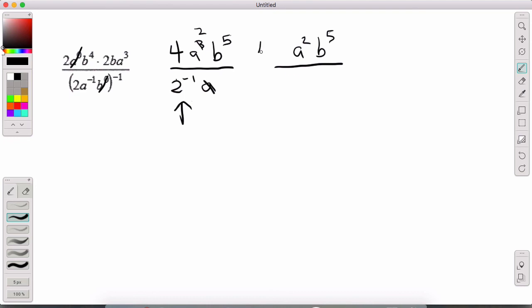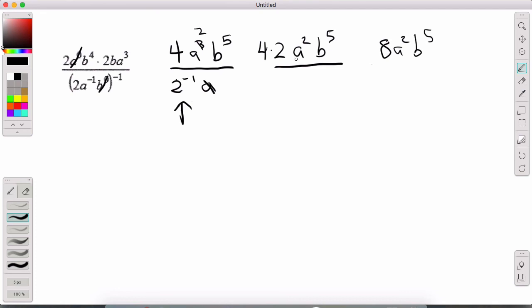So we're going to have 4 times 2. So when this ends up simplifying, we have 8, a to the 2nd, b to the 5th, and there is no denominator, it's all over 1, so we don't need to write it.